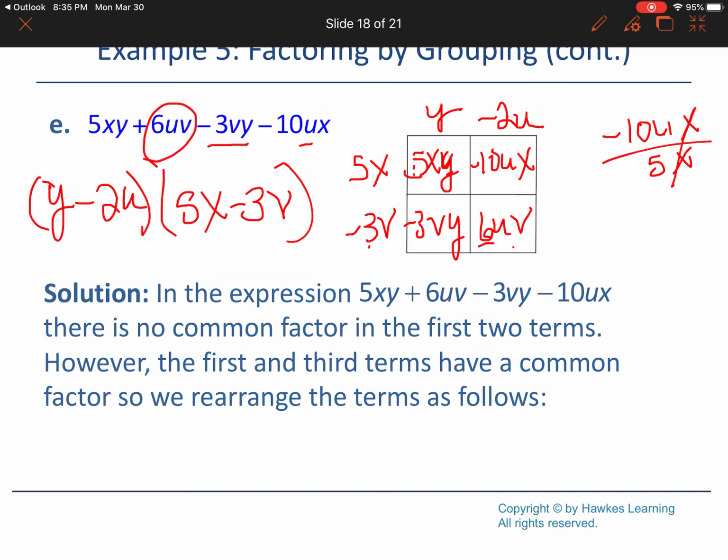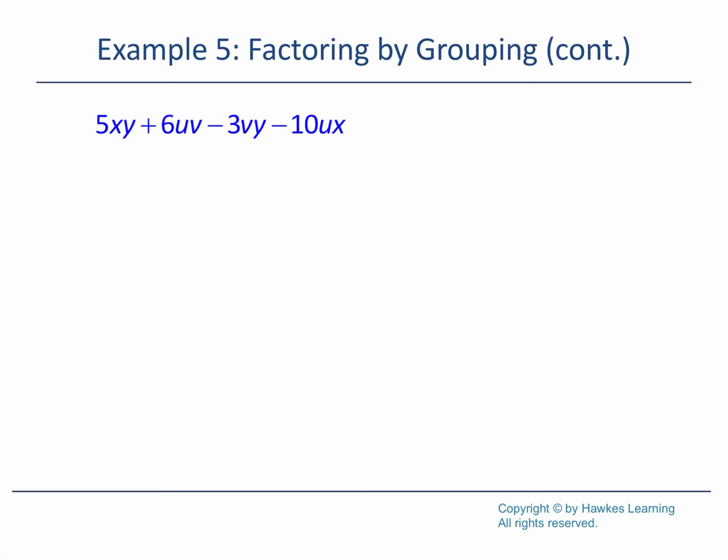Okay, so when we're doing it with grouping algebraically, we still notice there's no common term. And so that's why we would still rearrange. Now, how you rearrange, there's different ways.